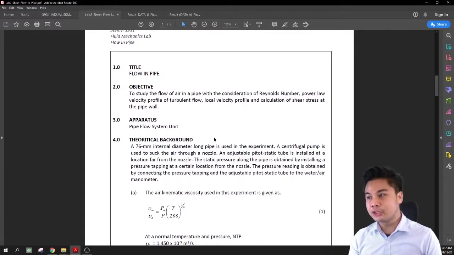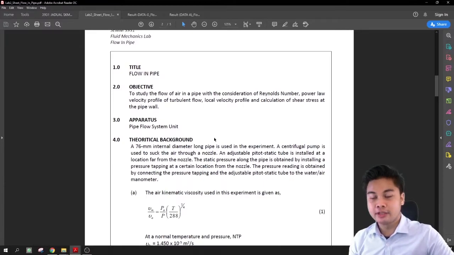The adjustable pitot static tube is installed at a location far from the nozzle. The static pressure along the pipe is obtained by installing a pressure tapping at a certain location from the nozzle.